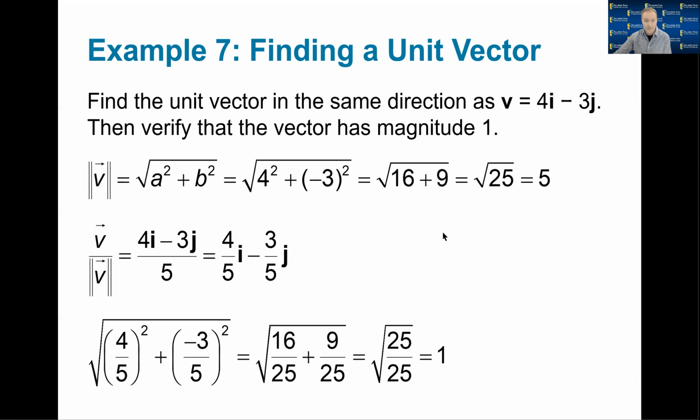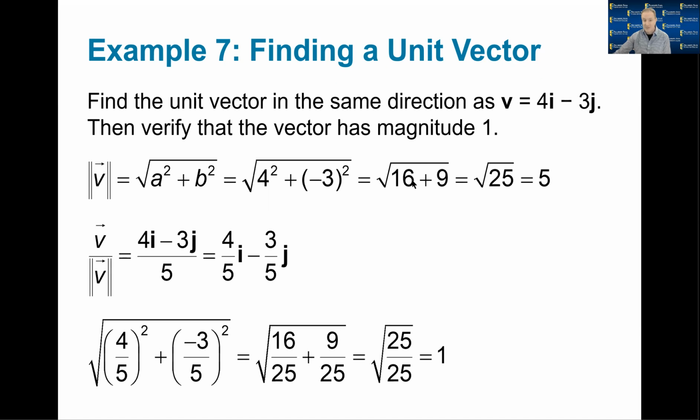Now, let's talk about that and show that within this example here. Notice I ask you to find the unit vector in the same direction as v, which is 4i minus 3j, then verify that the vector has a magnitude of 1. Okay, so first of all, if I want to find the unit vector, I find the magnitude of vector v, which is really easy. It's just the square root of 4 squared plus negative 3 squared.